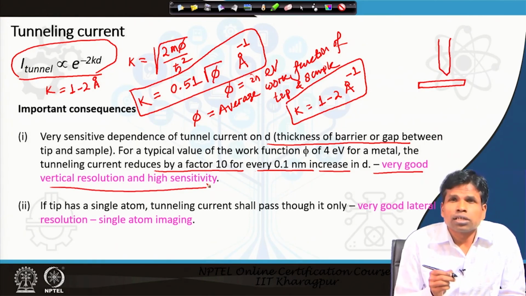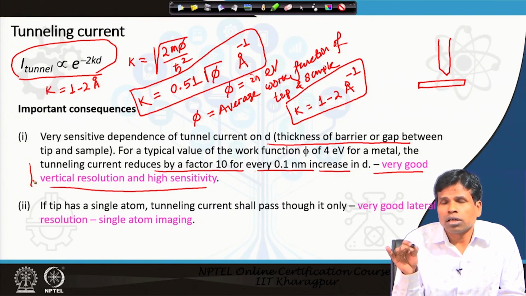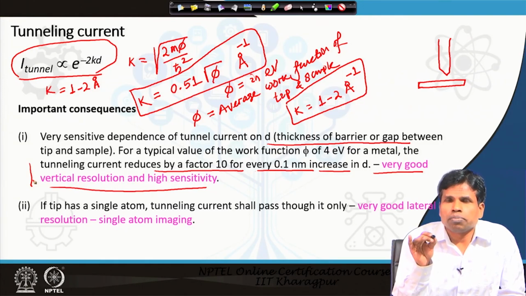Why do I say very high vertical resolution? Because if I have a monolayer whose thickness is less than 0.1 nanometer or a couple of angstrom, then my tip has to go up to maintain the same current.